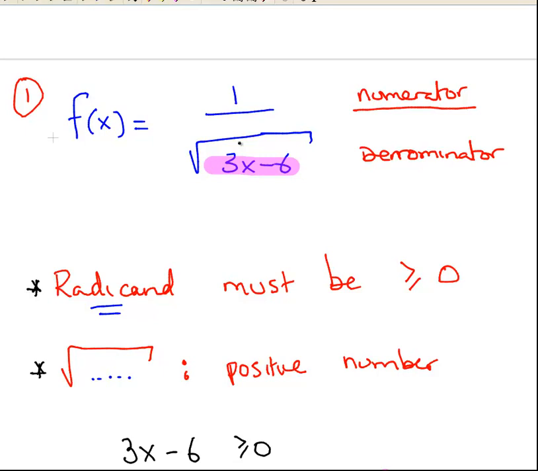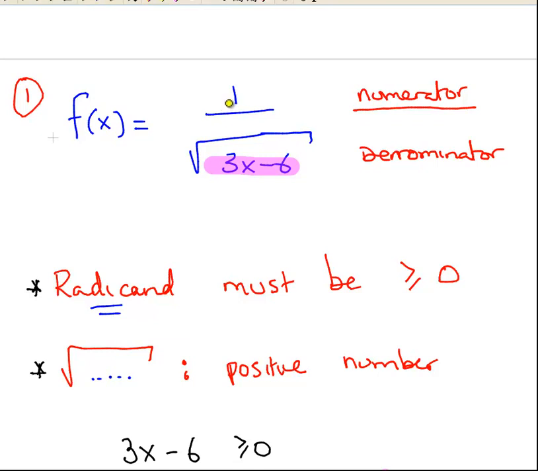Okay, that's just the convention that we're using in this course, that the output of a root function is considered to be positive. For example, square root of 4 is considered to be 2. Okay, so essentially we have a positive number over a positive number. We cannot get an outcome of 0 there.